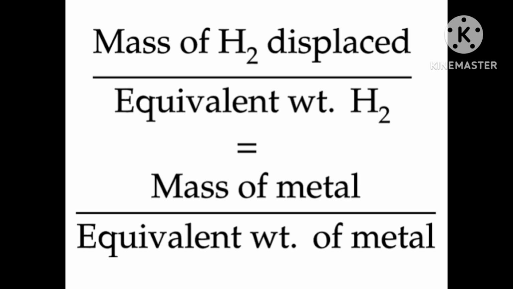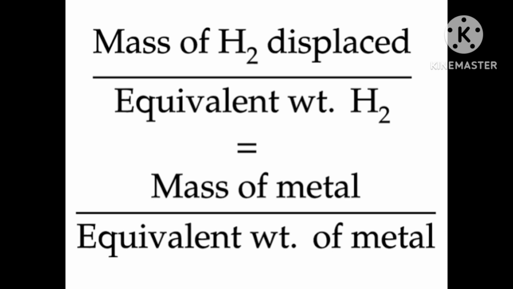You remember both conditions. Equivalent weight of the metal is the weight of the metal which displaces 1.008 gram of H2 or 11,200 cc of H2 at STP, standard temperature and pressure.